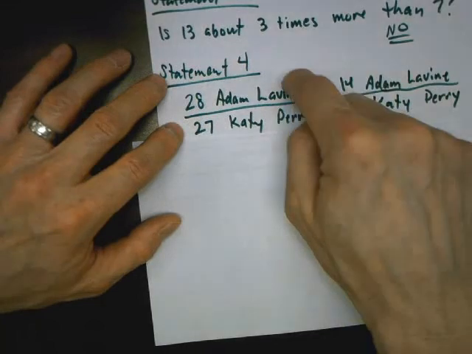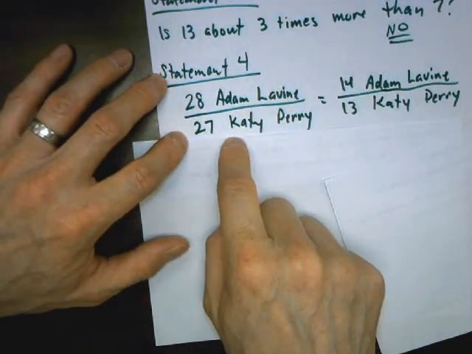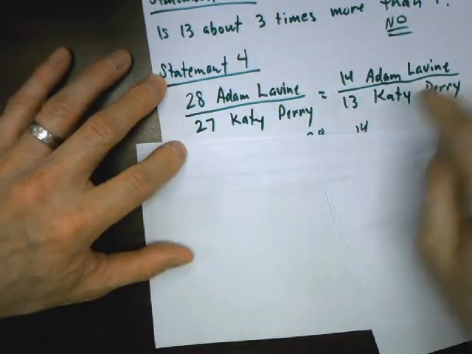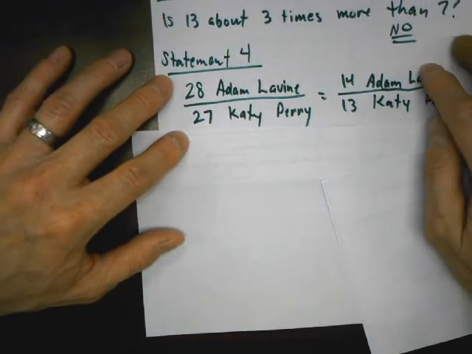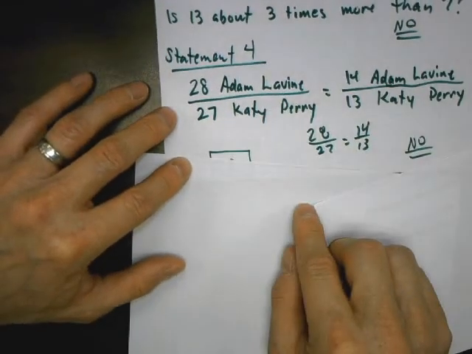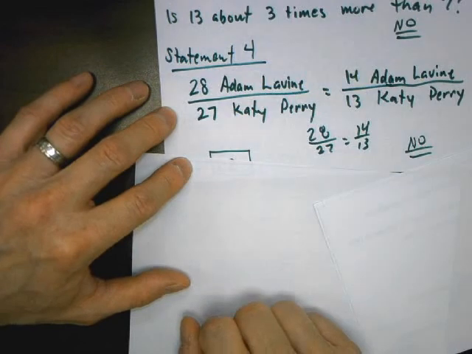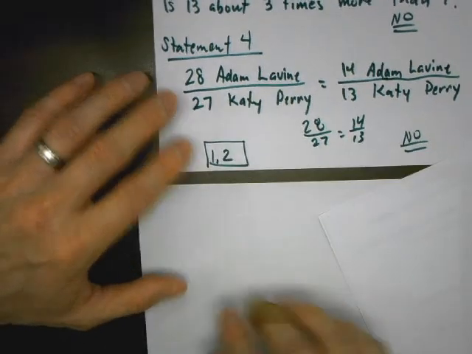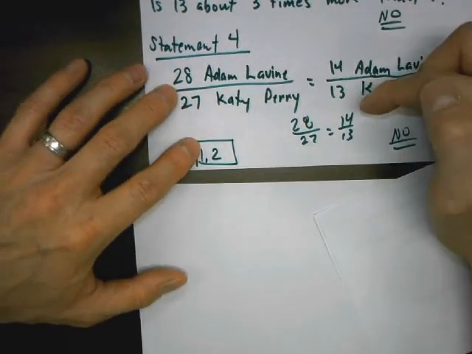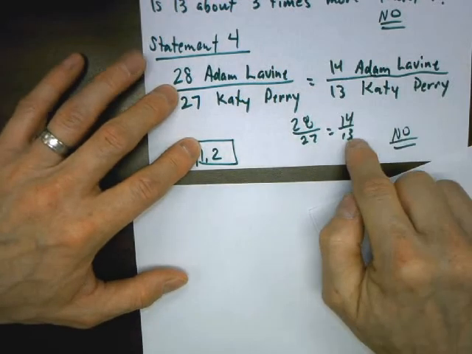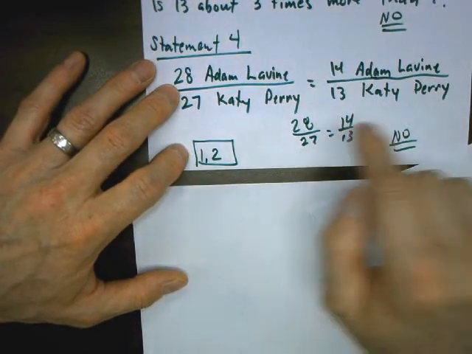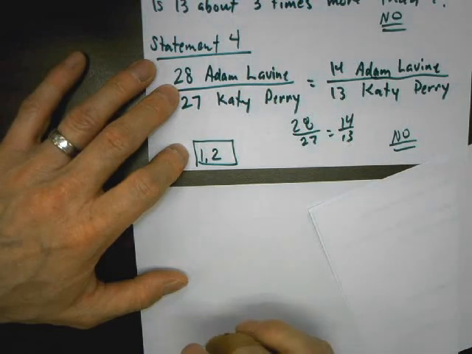Is 28 Adam Levines to 27 Katy Perrys the same as 14 Adam Levines to 13 Katy Perrys? In other words, is this proportional? If I cross multiply and they're the same number, then yes. If not, then not. Now let's take the shortcut. 14 times 2 is 28, and 13 times 2 is not 27, so that's not a proportional relationship there.